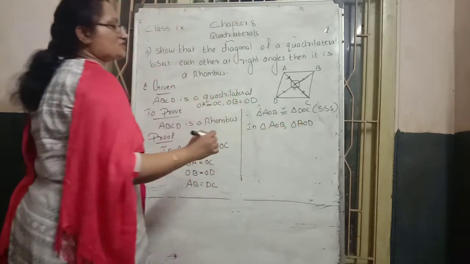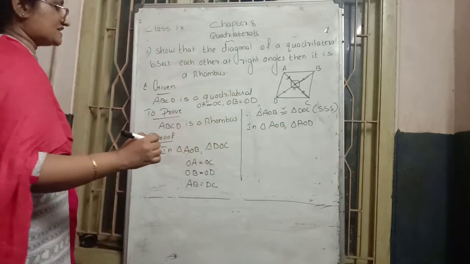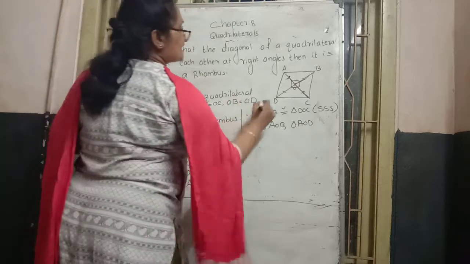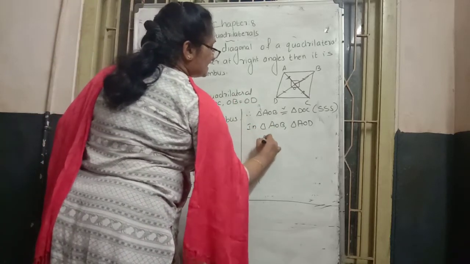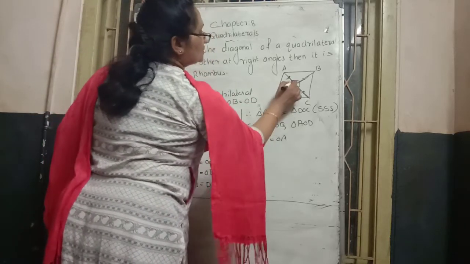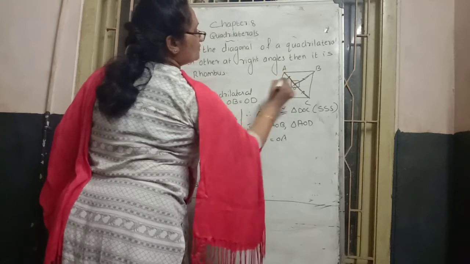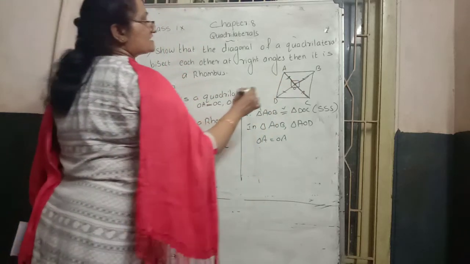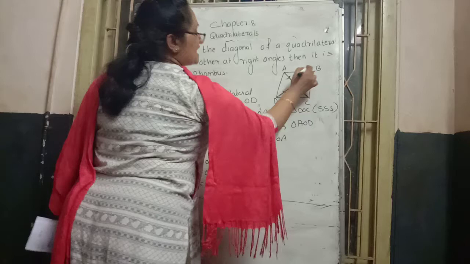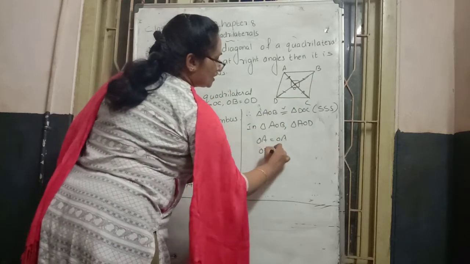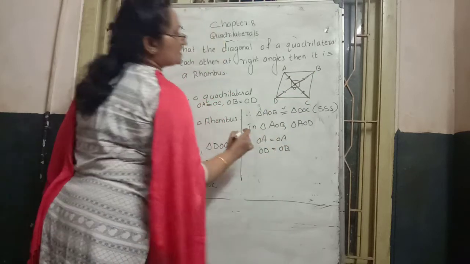What information can we say here? We can say that side OA is common for both triangles. OA is common for both triangles. Next, OD and OB are equal.